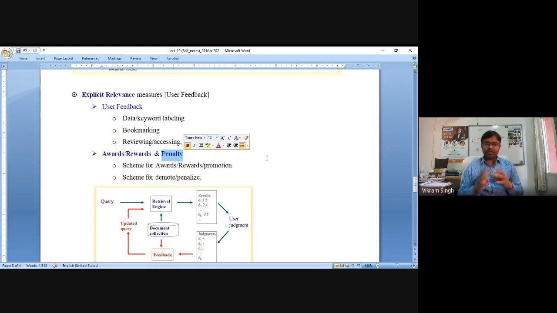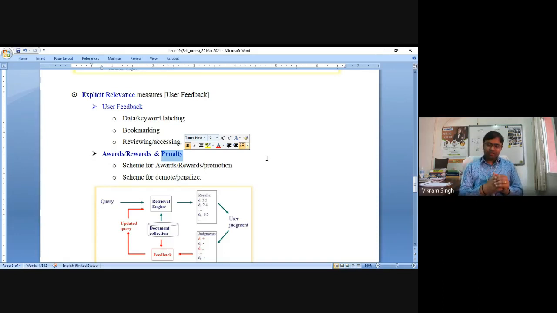Whenever the user applies a positive or negative feedback on a search result during the interaction, in the backdrop you should have a mechanism to perform two tasks. First, a mechanism to award the result. Second, a strategy to penalize the result, right?